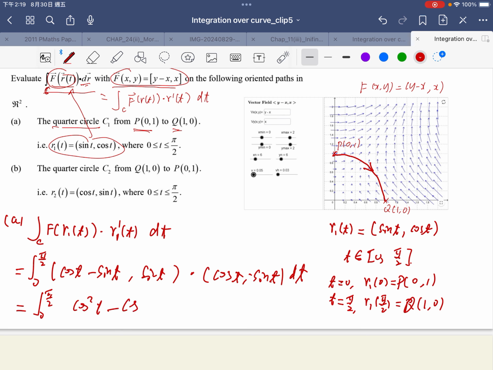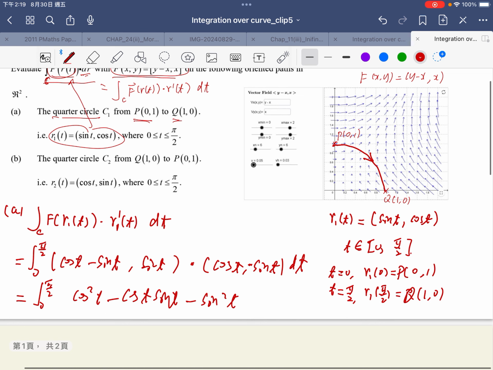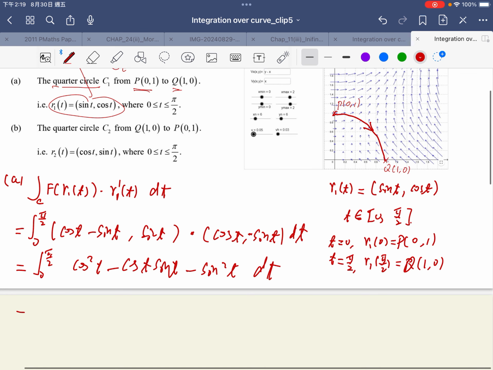Using the dot product, we have cosine squared t minus cosine t sine t plus or minus sine squared t, because here we have minus sine dt.